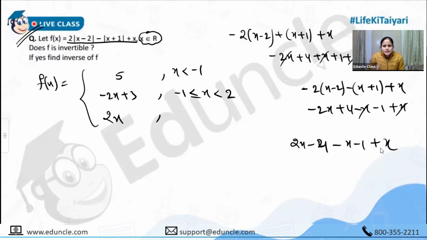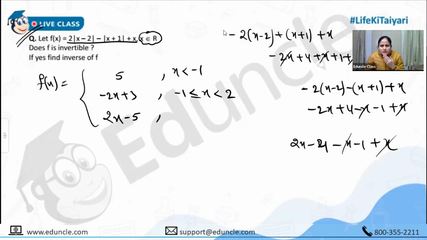Plus x, okay. So here x to x goes cancel out and minus 5 would be there. Yes. Not 1. 5 minus x will be there in the first interval. 1 second.